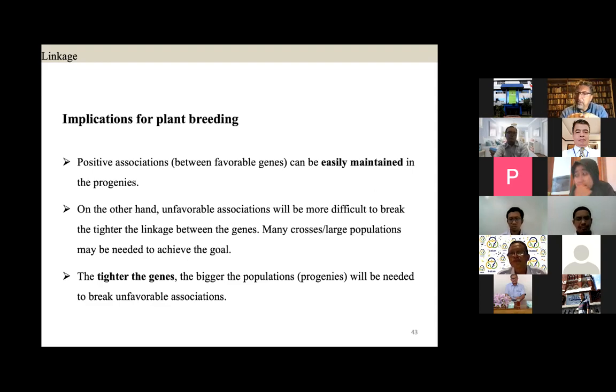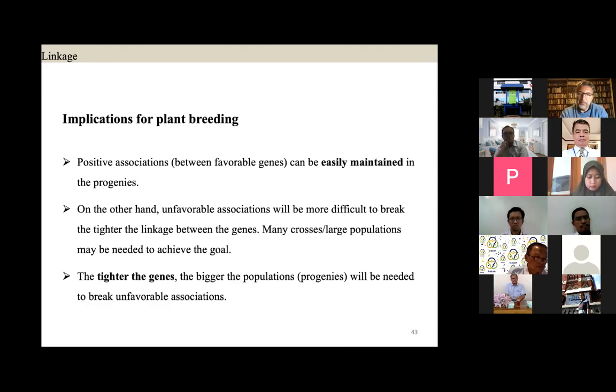If you have 0.1, so your two genes are linked by 0.1 centimorgan, one recombinant in 1,000 plants. So in order to be sure, you need a population of at least 5,000 to 10,000 plants to have 5 or 10 recombinants to play with.